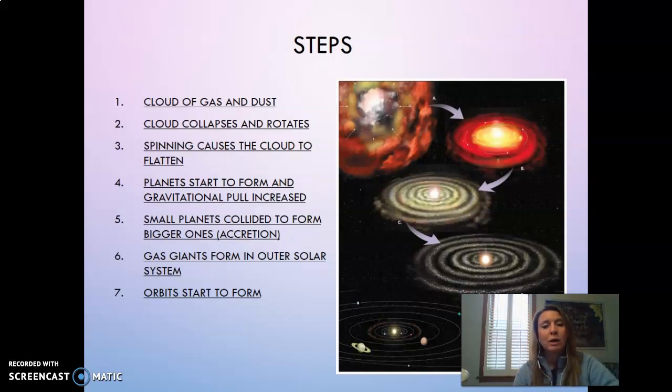And then normally a star somewhere in the center is going to be born, or created, I guess I should say, start burning hydrogen and helium, and then it causes even more gravitational pull. And so that's what this picture is showing here. Nebula, accretion, small planetesimals. We've got a star starting to form, more organized, and finally super organized.